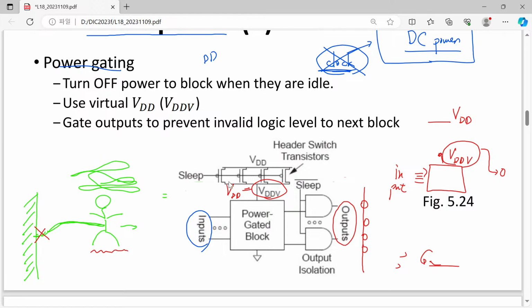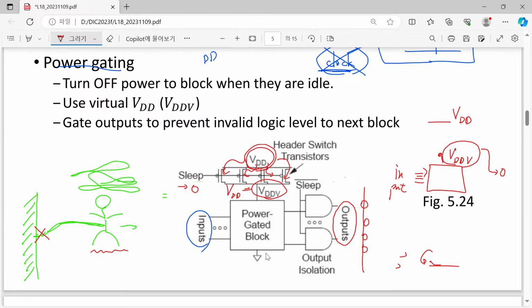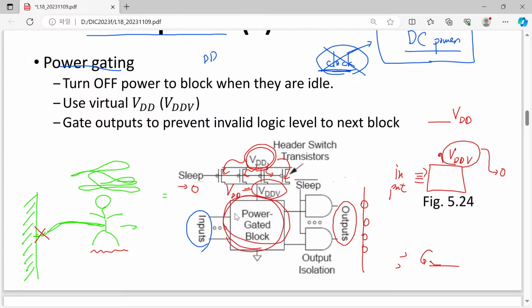Then what will happen? Now, when you reduce sleep to 0, then our VDD node should provide once again certain power to reactivate this power gated block. Okay, that is quite easy to understand.